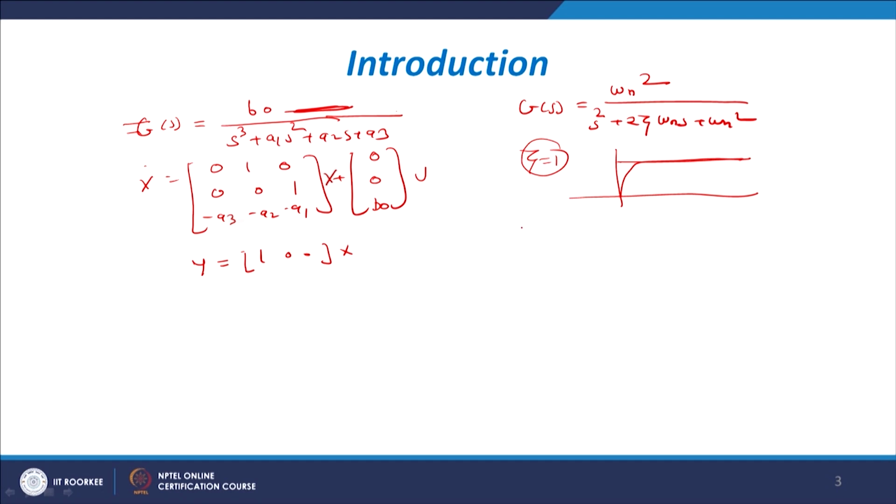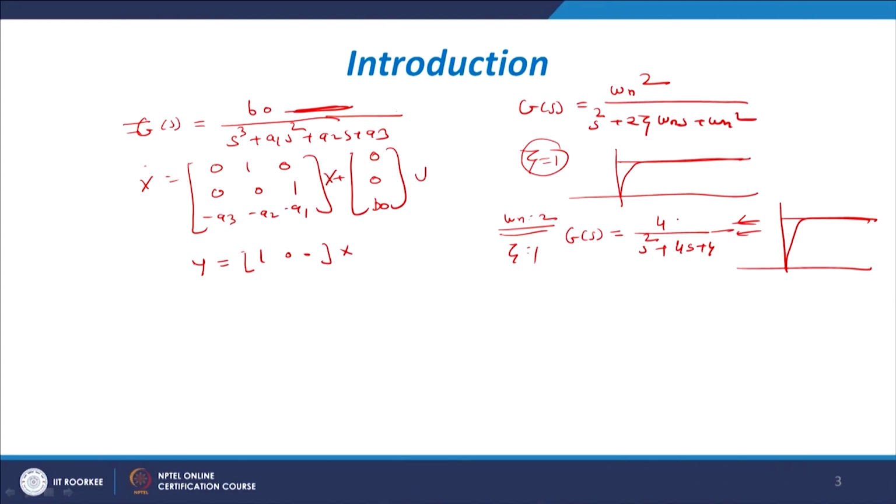For example, if I take omega n equals to 2, then G(s) equals omega n square, that is 4, upon s square plus 2 into 1 into 2, that is 4s, plus 4. Now we determine the response. For this system you will get a critically damped response, there is no overshoot.